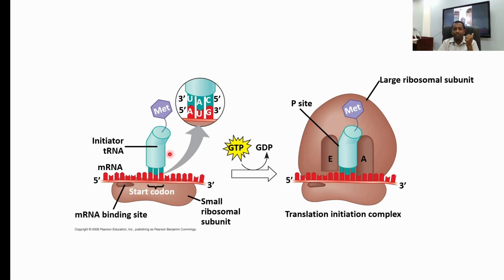Then we need the tRNA molecule carrying the methionine amino acid, and it binds to the AUG region of the mRNA molecule. Once that attachment takes place, the large ribosomal subunit gets attached and completes the translation initiation complex. For this to take place, we need energy. So, energy is used in this translation stage.